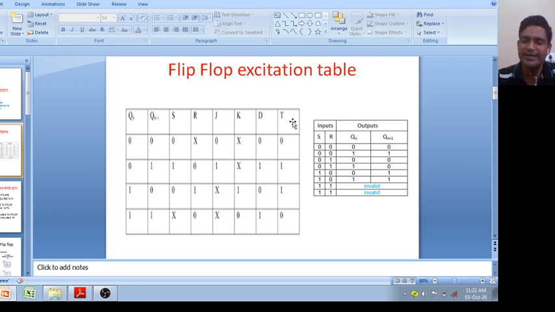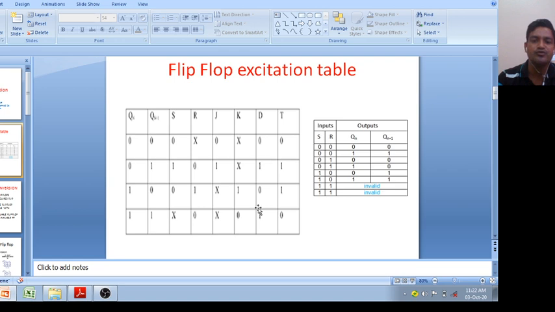You have to remember, if A XOR B equal to C, then B XOR C will be equal to A, and A XOR C will be equal to B. If Qn plus 1 equal to T XOR Qn, then T will be Qn plus 1 XOR Qn.